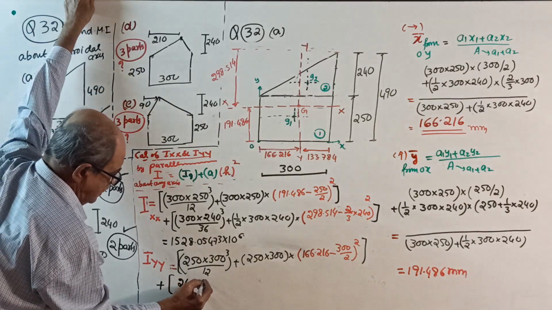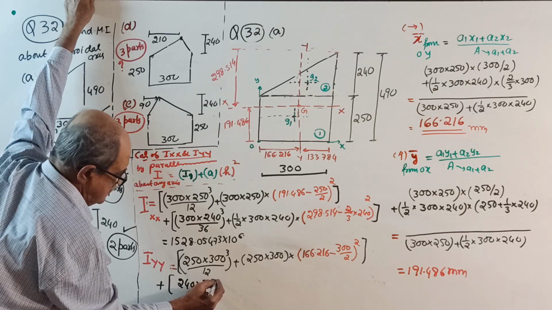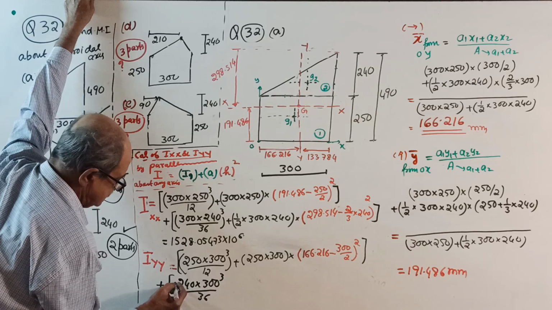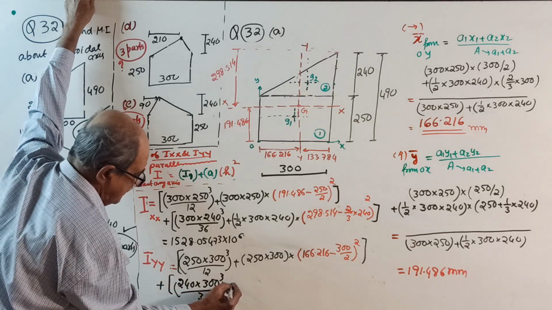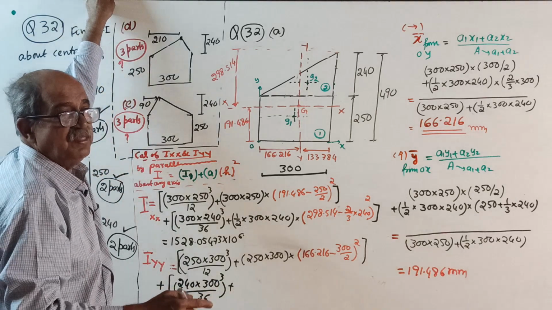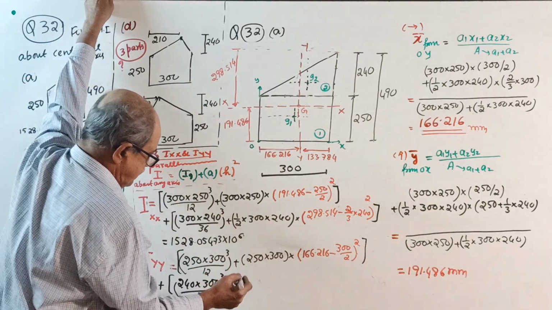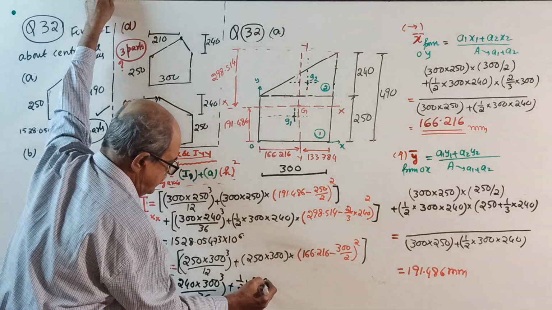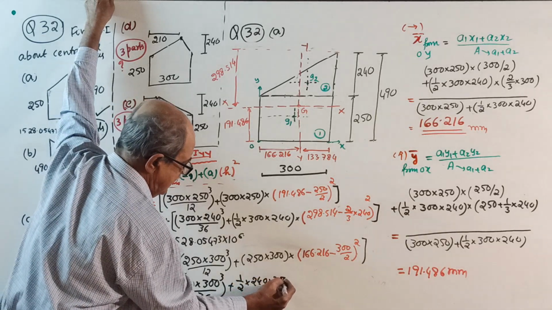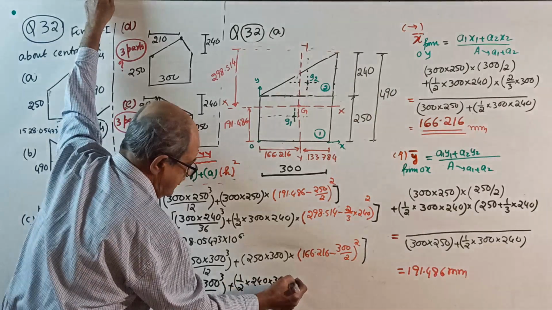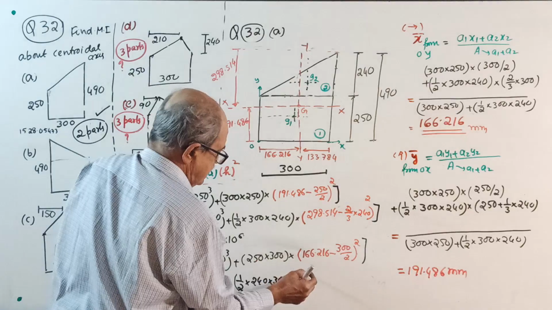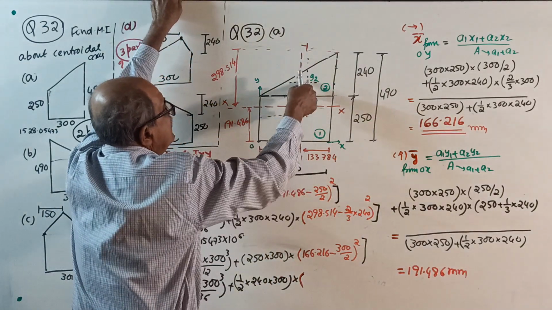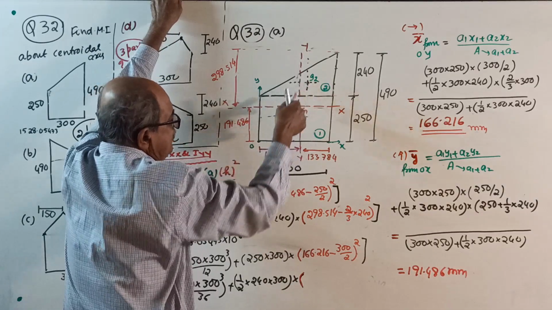240 into 300 cube by 36. That's why I am explaining here. Plus, if what I wrote is not clear, see I am telling: plus area, half into 240 into 300 is the area, into, in red color, the distance from centroid to YY squared.